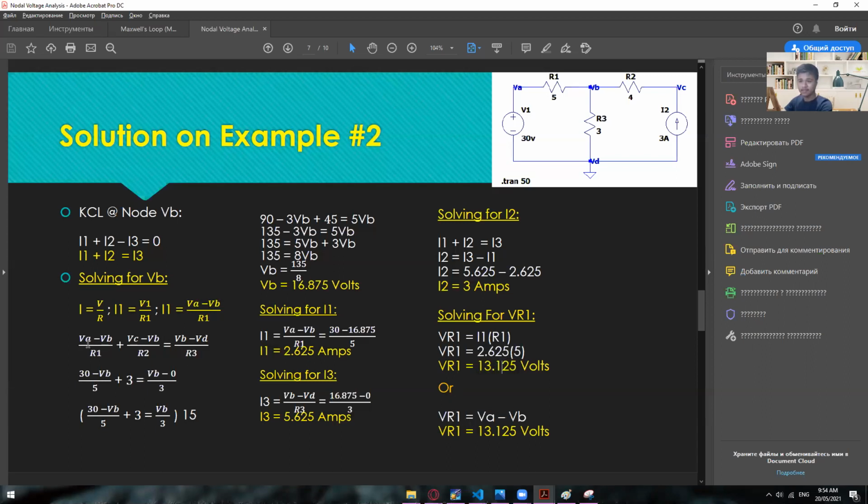So going back to our main reference, we have VA minus VB for our voltage drop. So VA is equal to 30 minus VB, where is our VB? Minus 16.875. So 30 minus 16.875 will give as a result 13.125 volts.